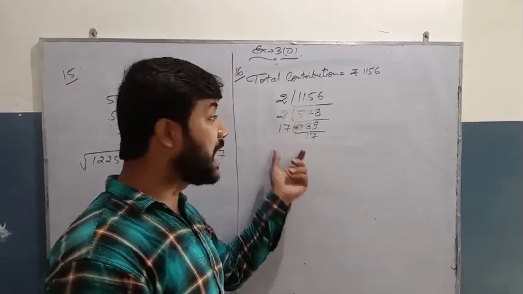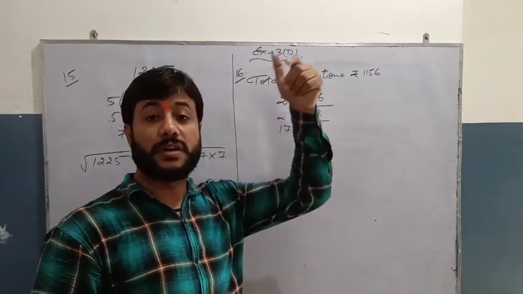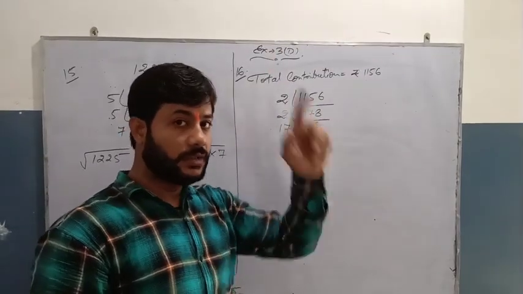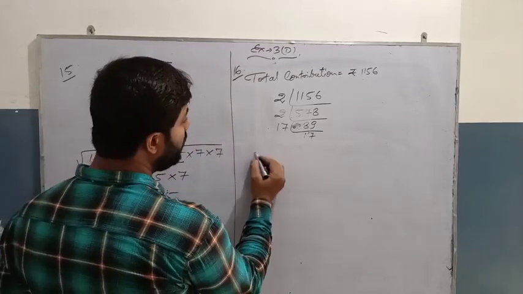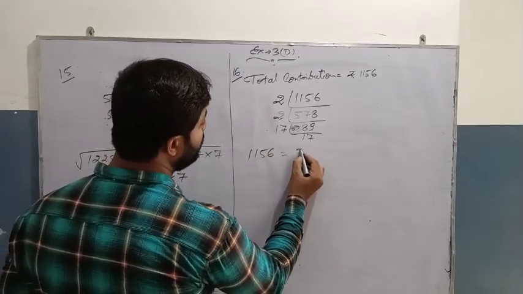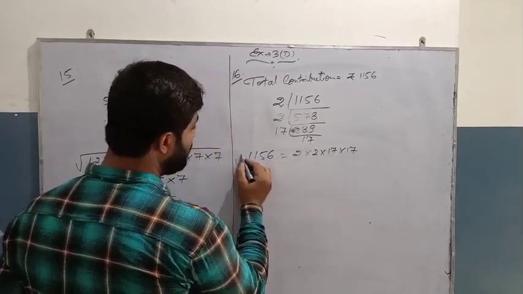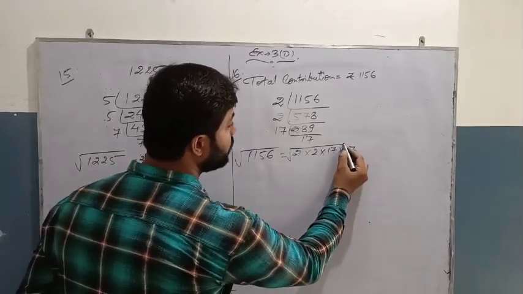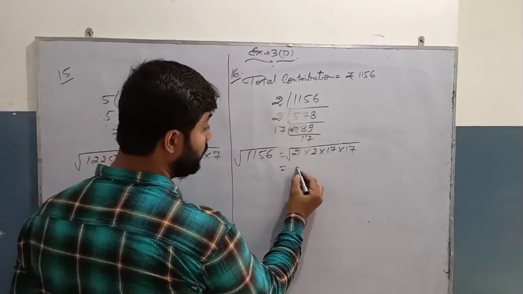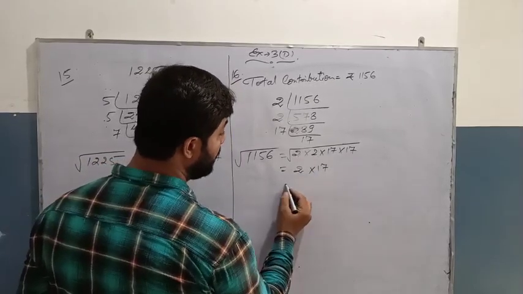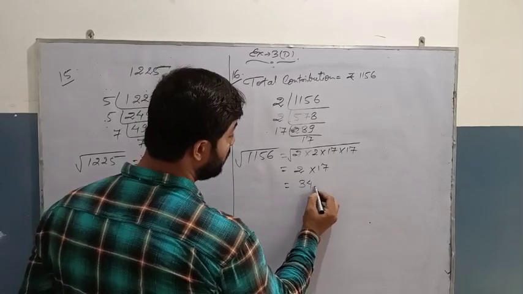My dear students, you will have to remember the squares of some sequence of numbers for your help. So here 1156 is equal to 2 into 2 into 17 into 17. As we have got its perfect square, right? So we take 2 into 17, that is 34.